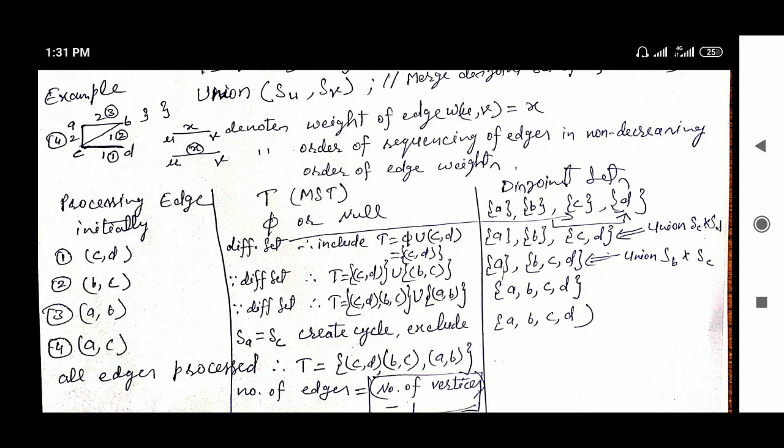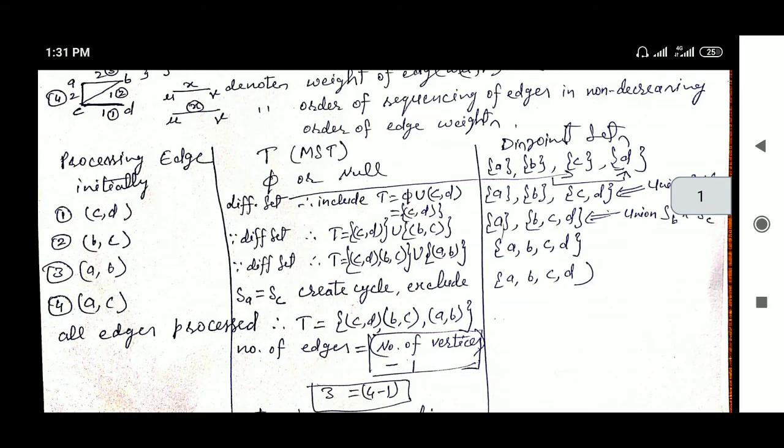Because B and C are in different disjoint sets, the computer can understand that it will not create a cycle and it can be included in the minimum spanning tree T. Okay, so similarly AB also can be included.